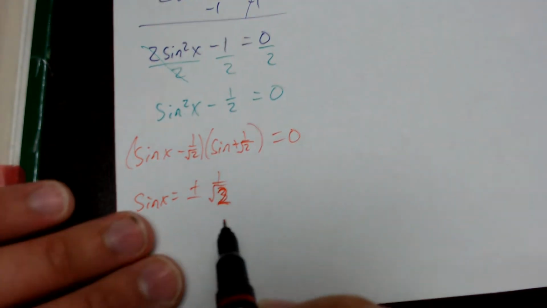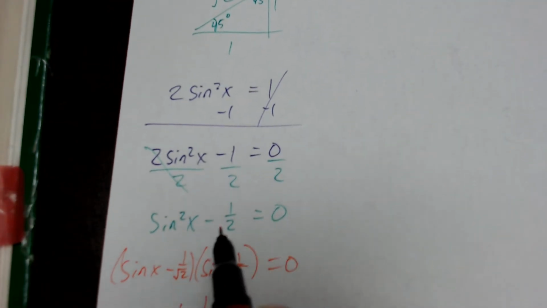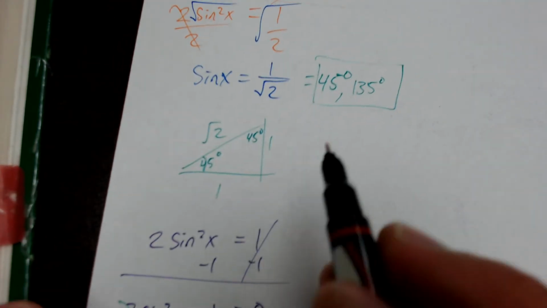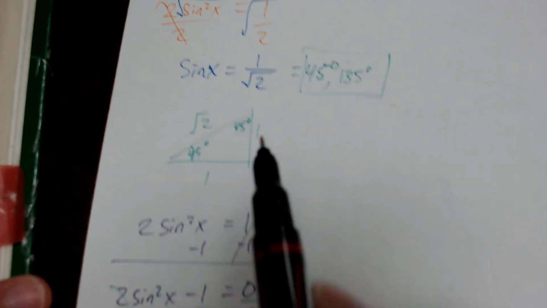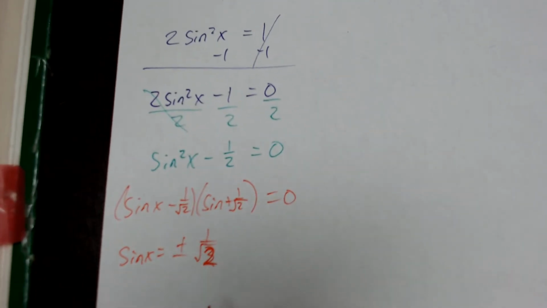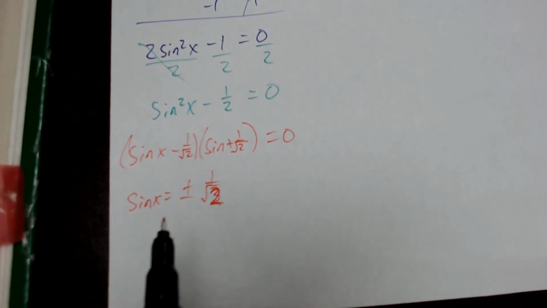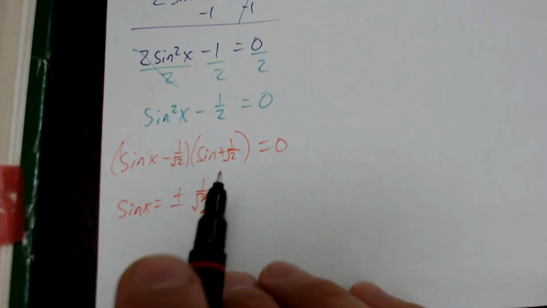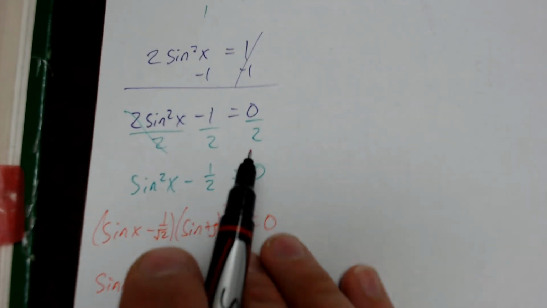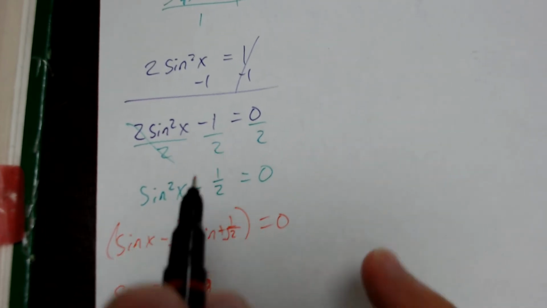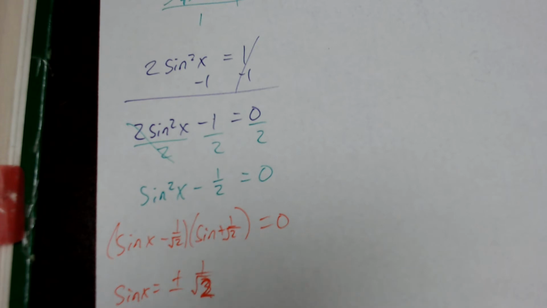Now, the difference between this and the answer that I got is my answer up here just gave me sine of x is 1 over root 2. Now, this one has plus or minus. The reason why I don't like this method is that when you square trig functions, sometimes instead of losing answers, you gain answers that aren't possible.